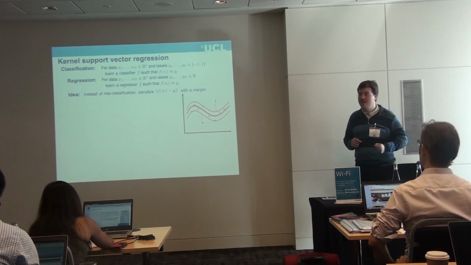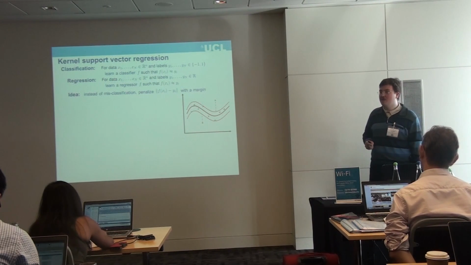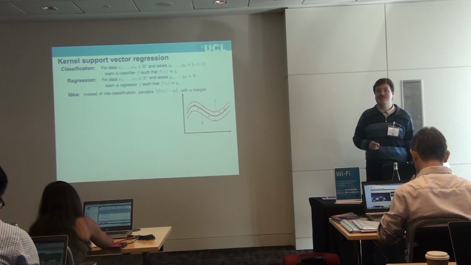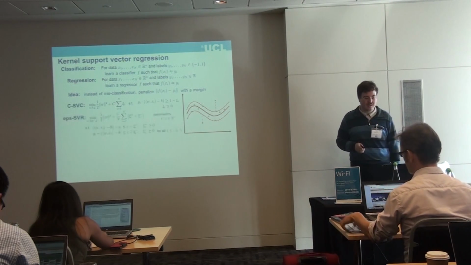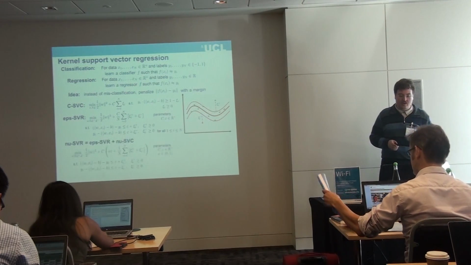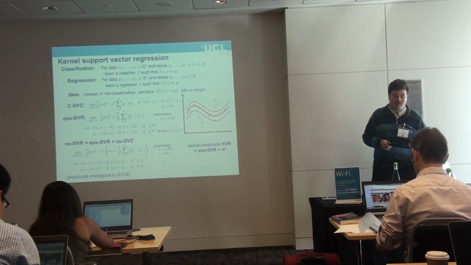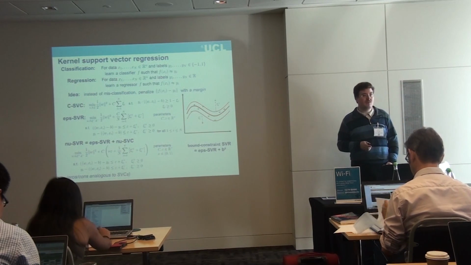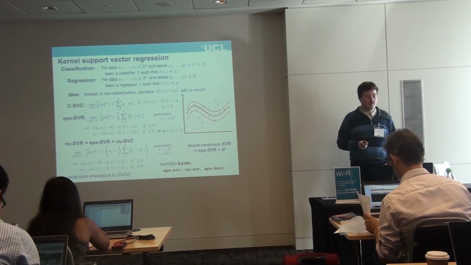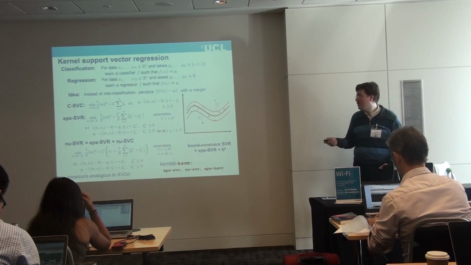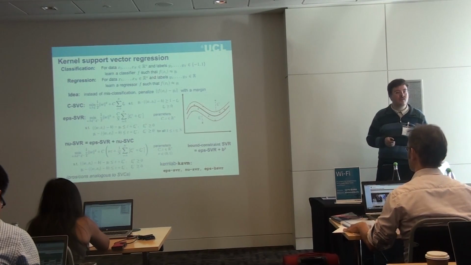So you have the y-axis, and you're trying to find the function with the margin inside which most of the data points lie on the y-axis, and you can again derive optimization problems from the same principle, but I won't bore you with the actual derivation of the optimization problems. Put them on the slides if you want to work through them. But is the principle for regression clear to everyone?